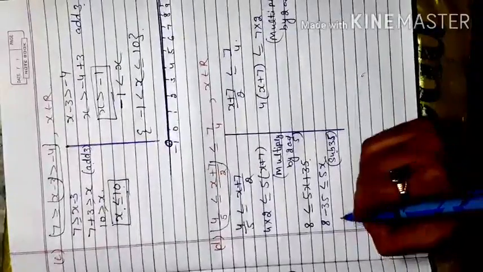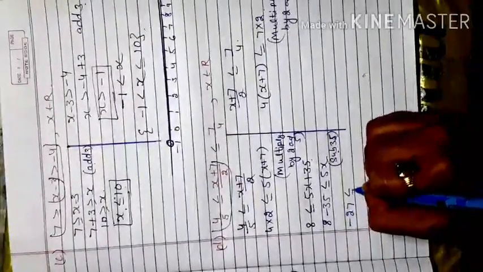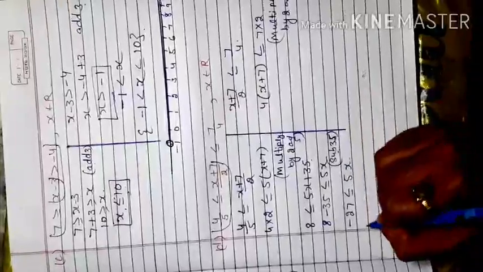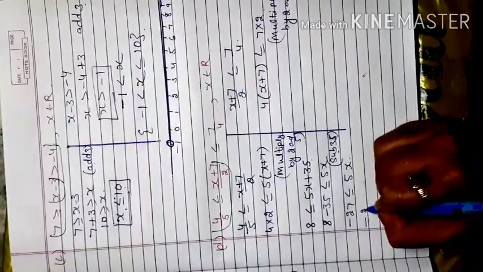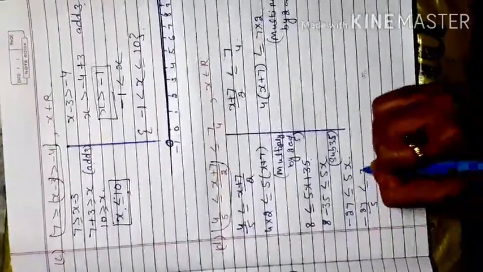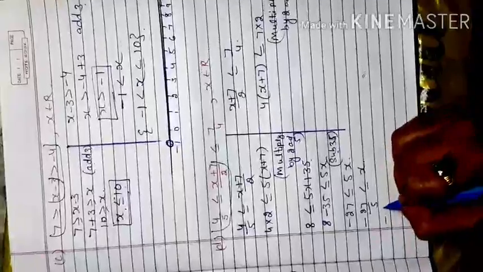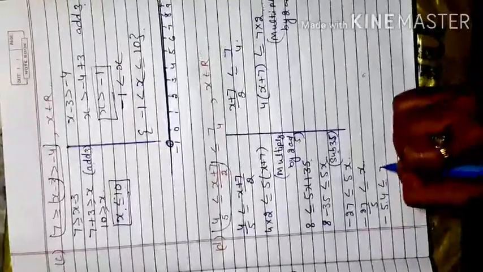Then 8 minus 35, minus 27 less than or equal to 5x, minus 27 divided by 5 less than or equal to x. Then minus 5.4 less than or equal to x.